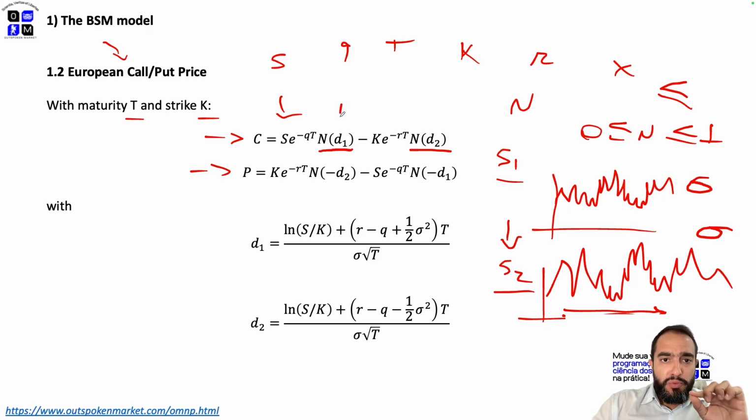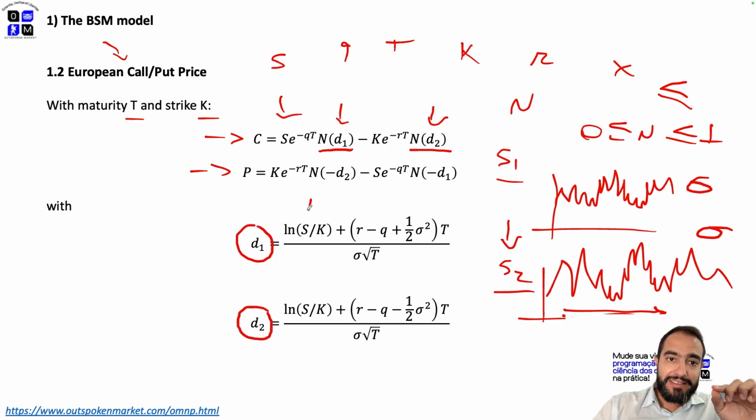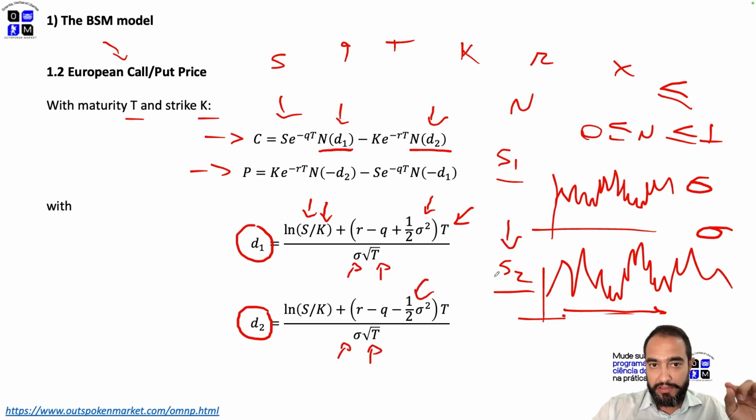Now, d1 and d2 are given by this couple of formulas over here. And besides the strike price, K, and the stock price itself, S, you see volatility and the time to maturity are represented in both numerator and denominator of each one of the formulas.